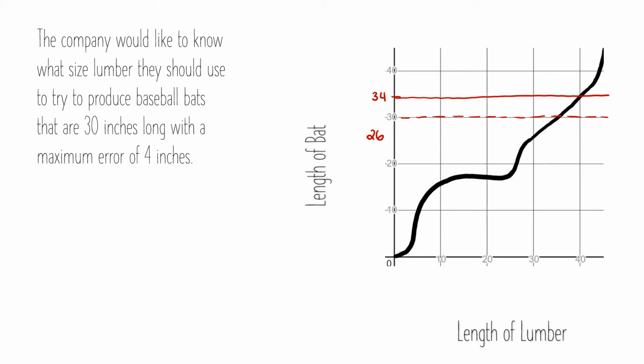Which I didn't quite draw very well. There we go. And this creates an error band. So we know that we are okay if the distance between f of x and 30 is less than 4 inches.